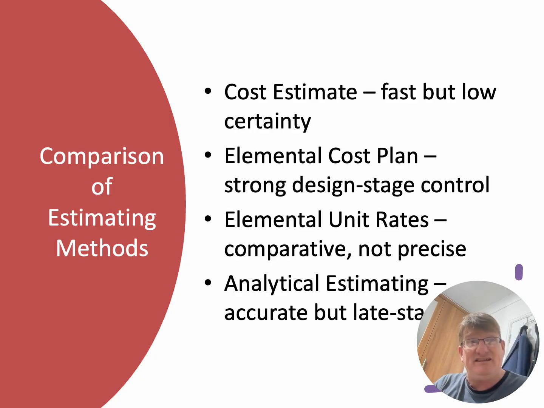Do I have to amend designs because it's over my budget at the moment? Okay, elemental unit rates, you can compare, it's not accurate, but it's very comparative. And that's the same as well, by the way, with approximate quantities, which I didn't include in there, using NRM1 for your approximate quantities.